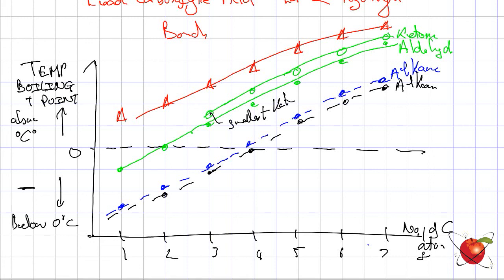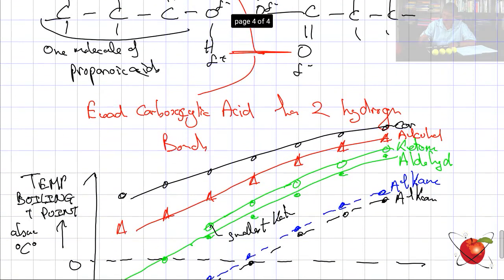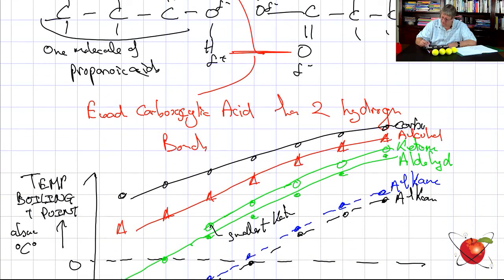The red one is the alcohol. And the last one on top, I'll go back to black, is going to be the acids, the carboxylic acids. And we're up here now.